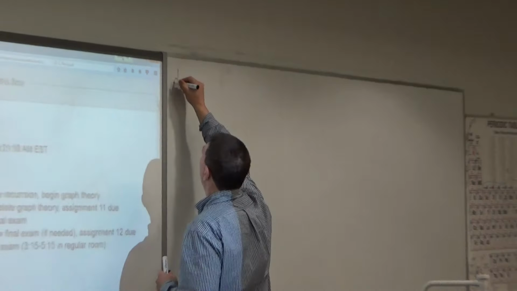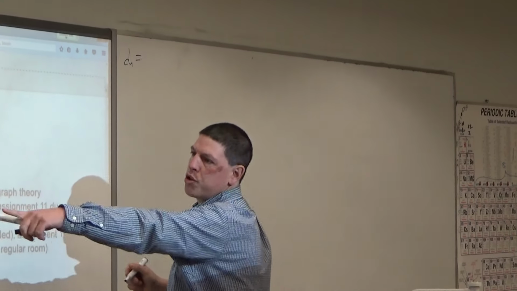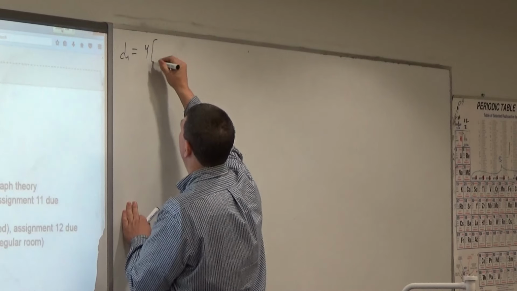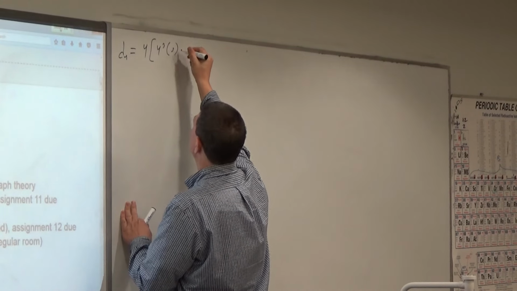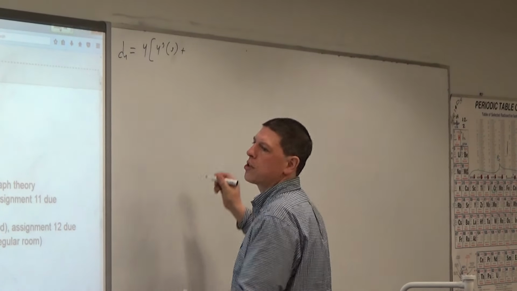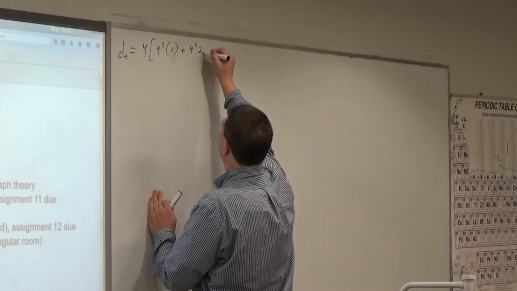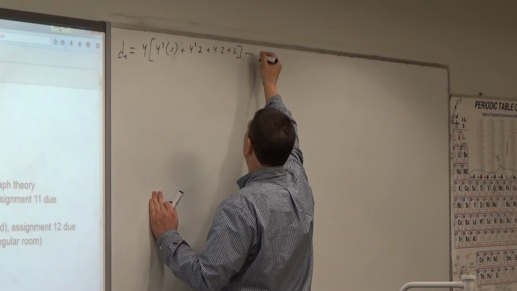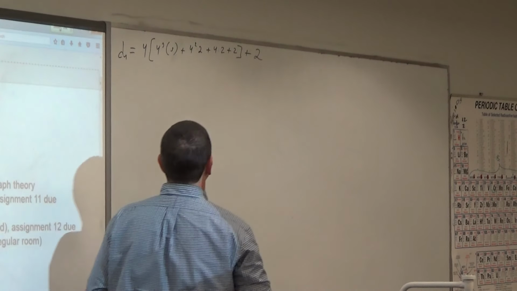So d sub 4 is going to be equal to 4 times that instance. So 4 times the quantity of 4 cubed times 3 plus 4 squared times 2 plus 4 times 2 plus 2 and then another plus 2.